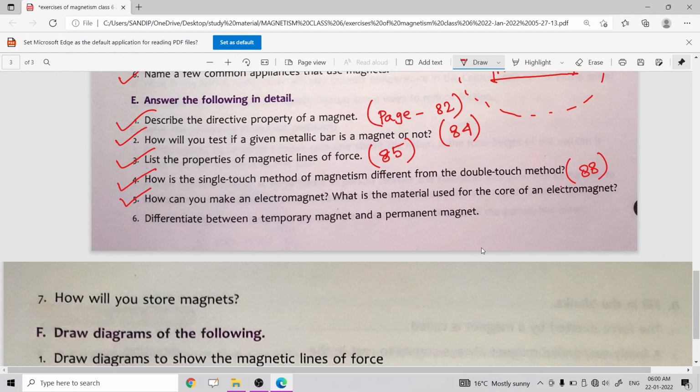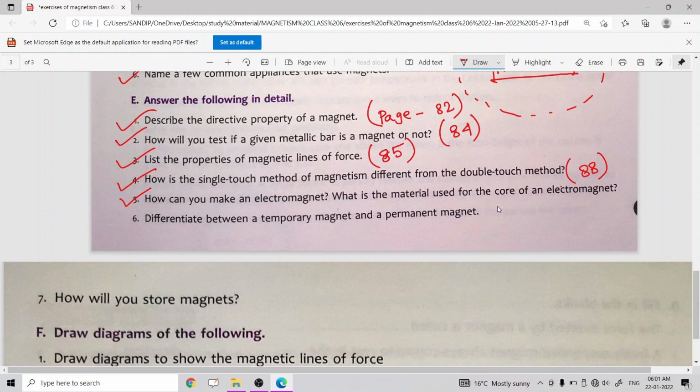At first you wrap the soft iron core with the insulated copper coil, and between the two terminals of the insulated copper coil you use a cell. With the help of electric current, you transform the iron rod or iron nail, or soft iron, into a magnet. This is an electromagnet.